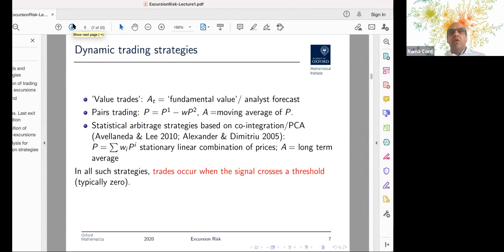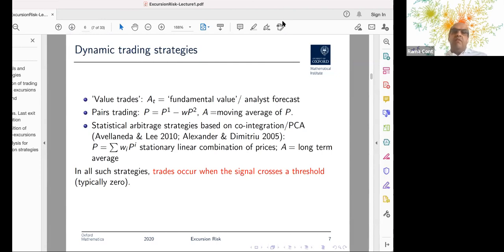So in the long term, you think that this portfolio, this combination should be around zero, because the two stocks cannot move away from each other indefinitely. So this difference or combination cannot go away from zero too much. So this implies that it has to have some mean reverting behavior.